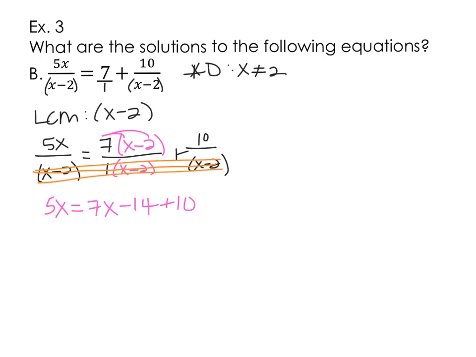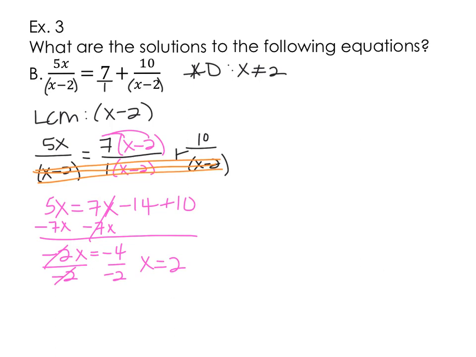If we combine like terms for the equation in pink, I'm going to move 7x to the other side. And that gives us negative 2x equals negative 4. Now when we divide both sides by negative 2, we get x equals 2. But now that's a restriction.